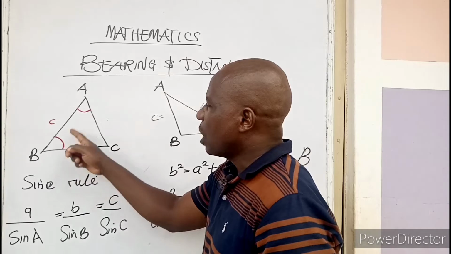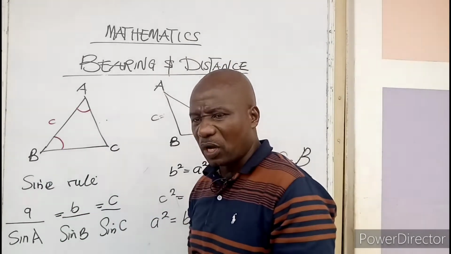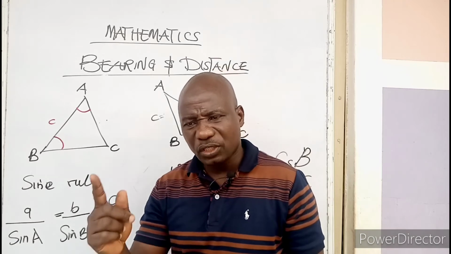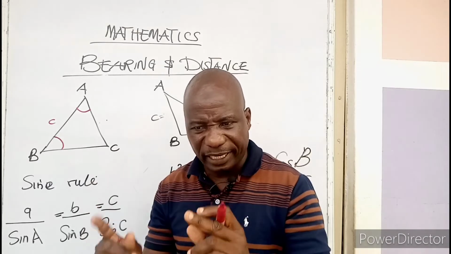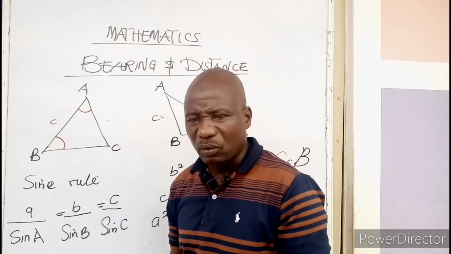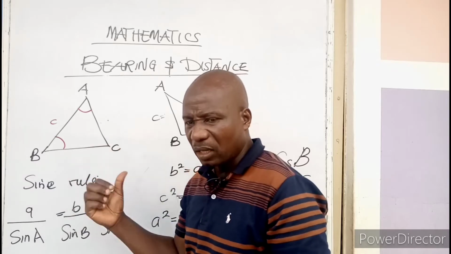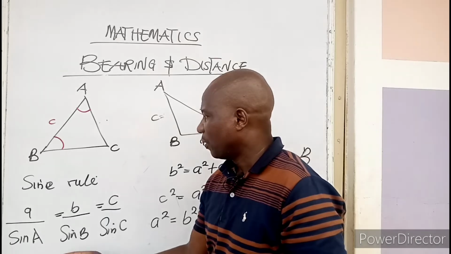That is, two angles must be known. If you know the two angles, of course, it's very easy for us to calculate the third angle. The sum total of angles in a triangle adds up to 180. So thereafter, you will now apply this formula.